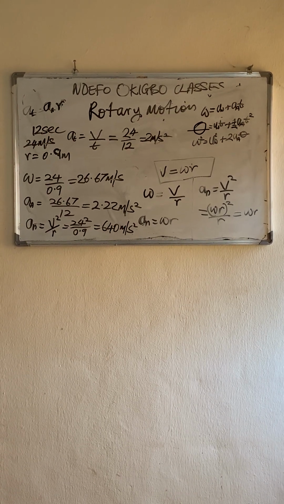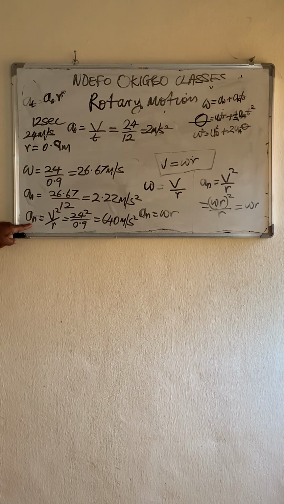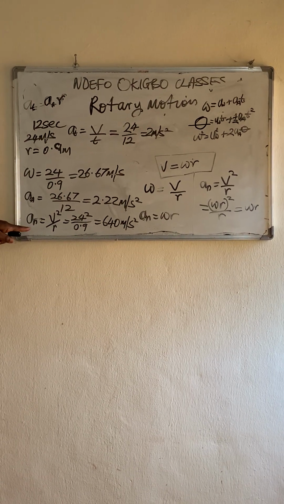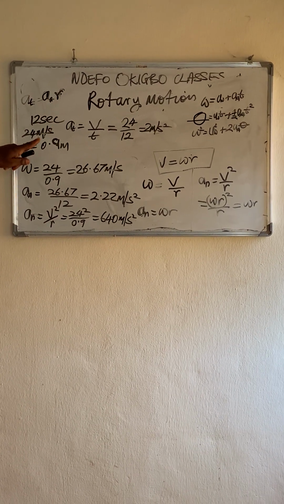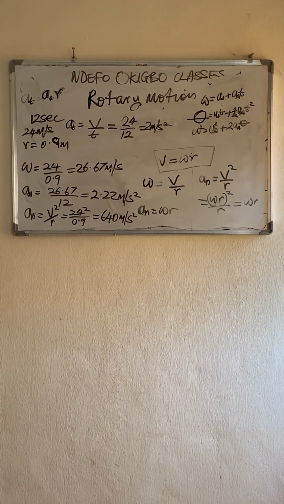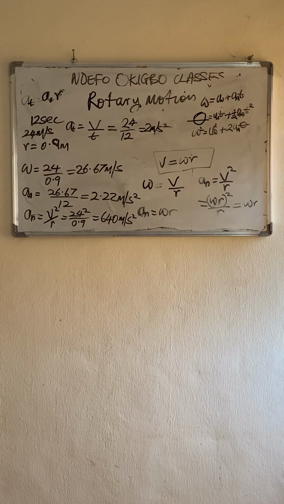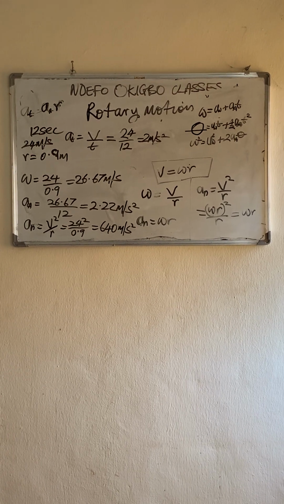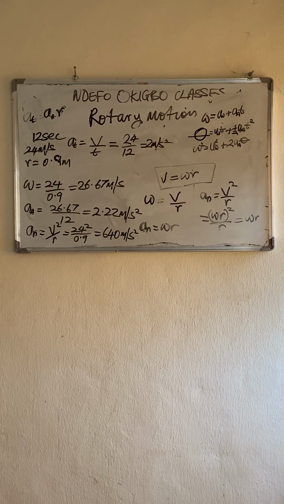Also find the normal acceleration, v squared over r, and the tangential acceleration at the end of the 12 seconds.